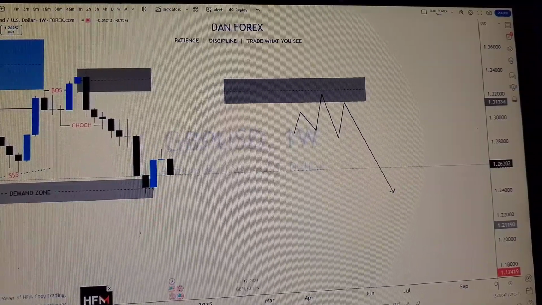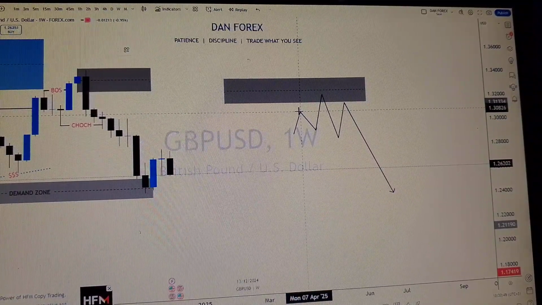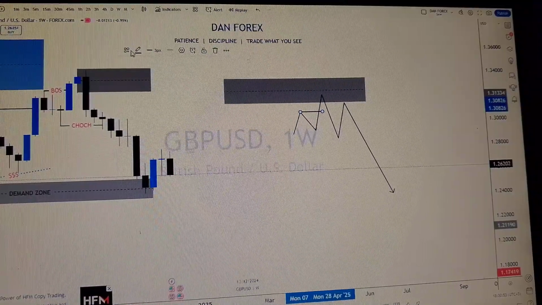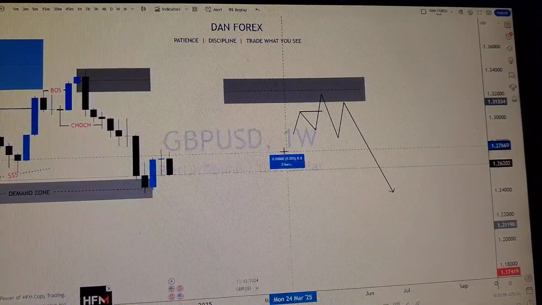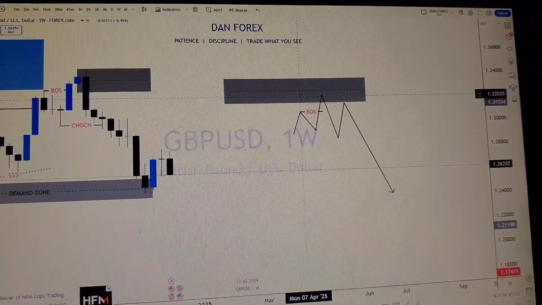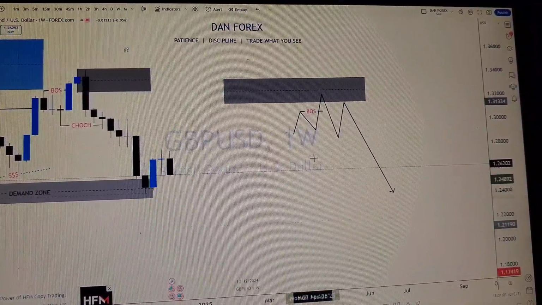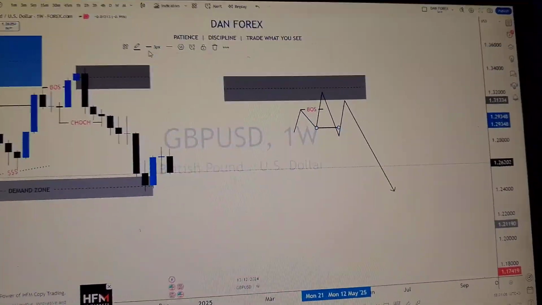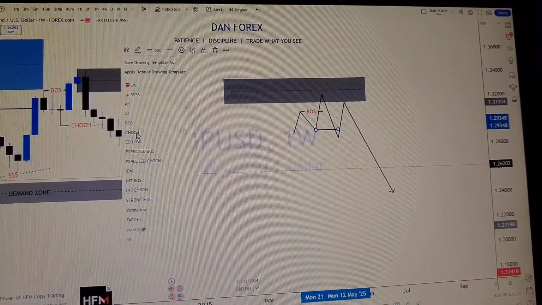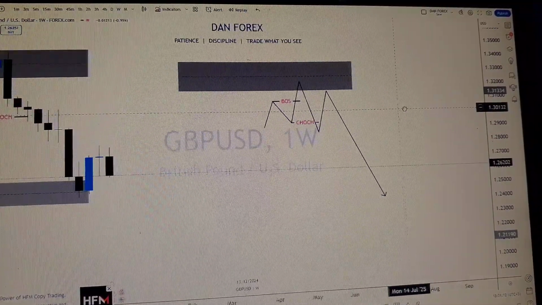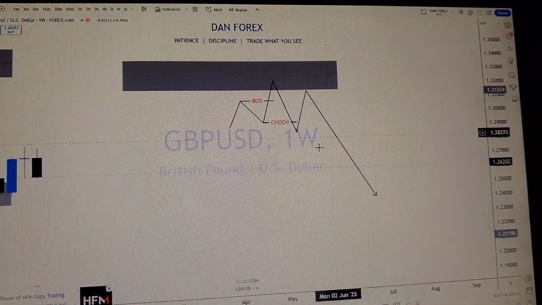So this is what you can see. This is what we are expecting to see. All right, so that's a breakout structure before market tapping to that supply zone, and this is a strong point which was being broken, giving us what, change of character, right? That change of character implies that the direction has changed.